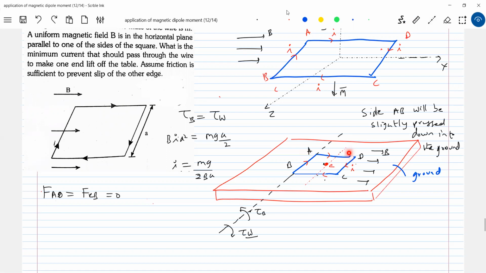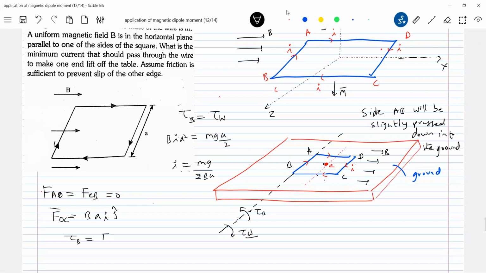Okay, now we will calculate due to DC. What is the force on DC? The force on DC should be equal to B A I. What about the direction? With B bar, it will be along the y-axis. Look at this force: it will set up a torque. The torque due to the magnetic field, only this force can set up a torque.